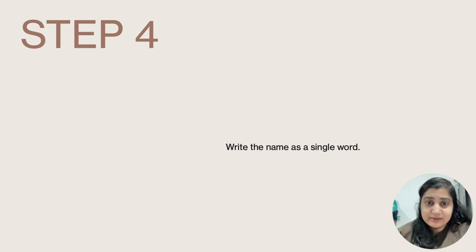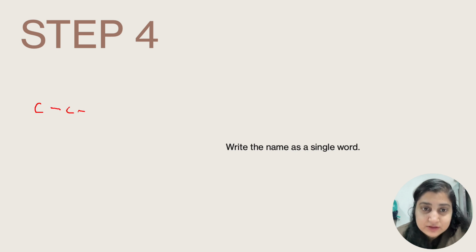Okay, so now let's go directly to step 4. Over here, write the name as a single word. Now we have to write it. So the same example which we were going through, we are going to name this compound using all the 4 rules.